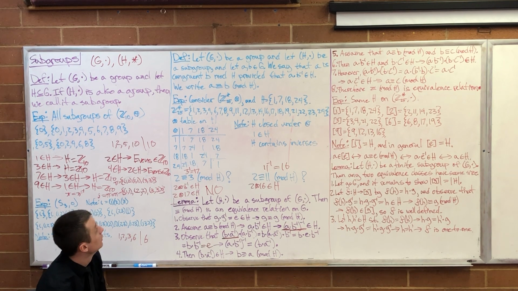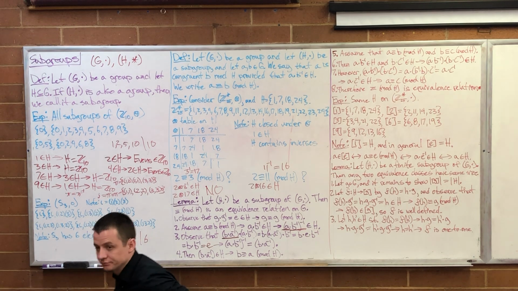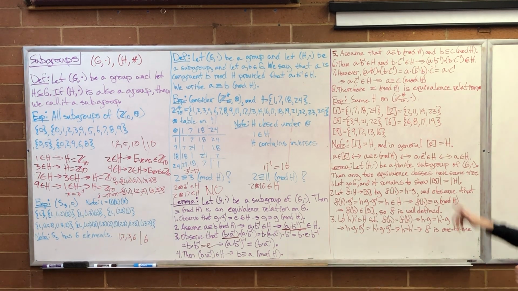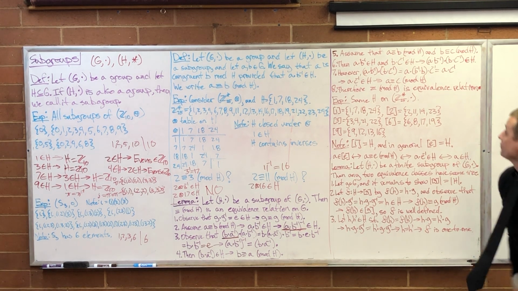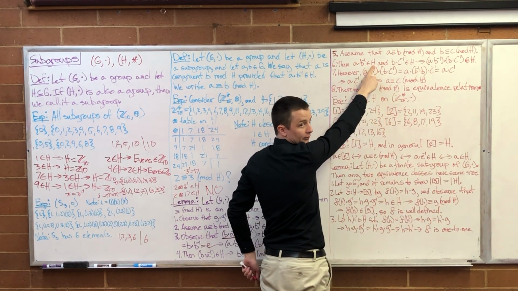So now, we need to prove it's transitive. So now, assume that a is congruent to b and b is congruent to c. We need to show that a is congruent to c, right? Well, if a is congruent to b, what does that mean? That means a dot b inverse is in H, right?